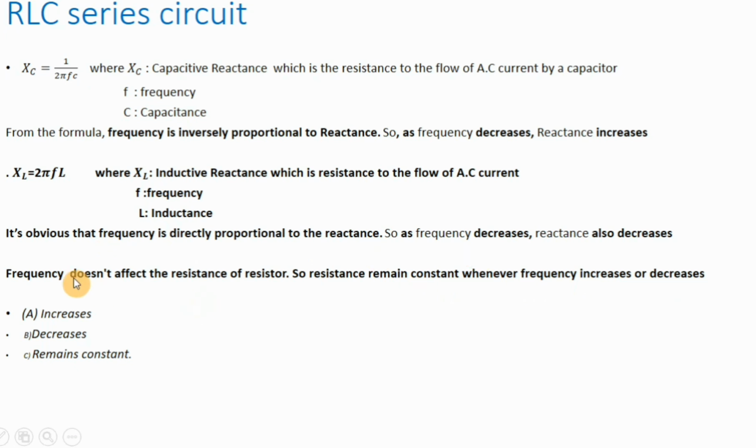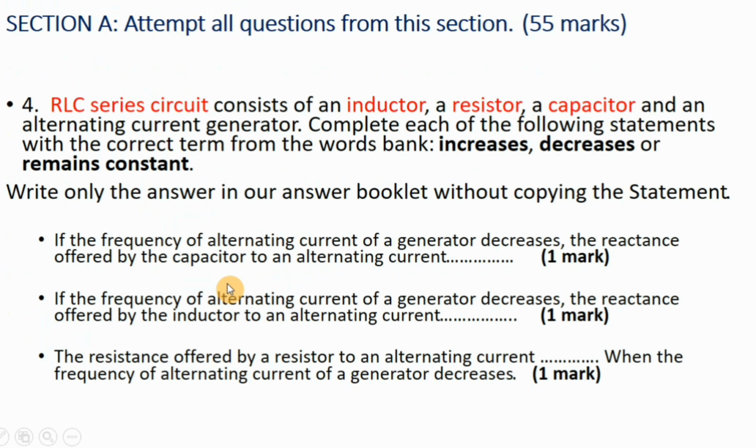You have to know that the frequency only affects the reactance of an inductor and the reactance of a capacitor. For the resistance of a resistor, the frequency doesn't affect anything. That's why the resistance will remain constant. So answering our question, here we'll put remain constant.